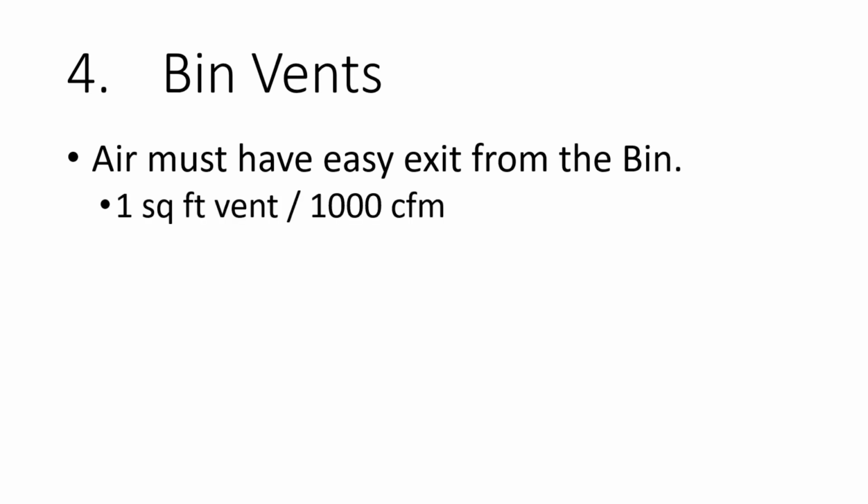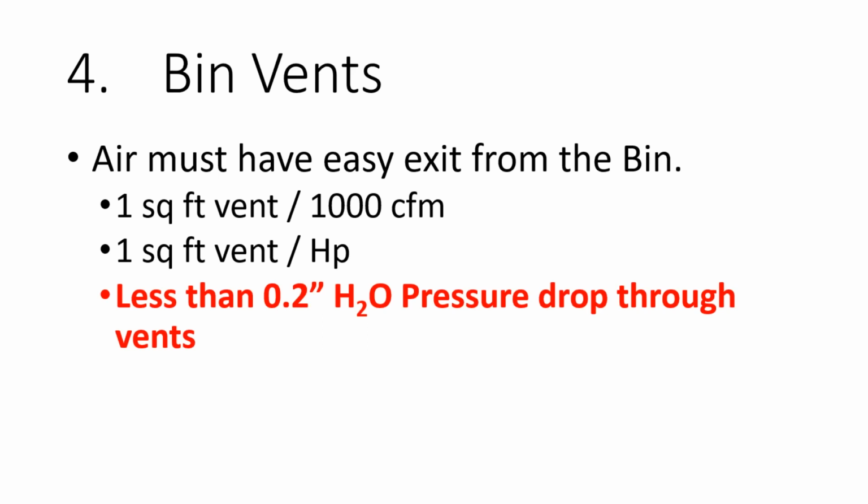There are a couple of real rough rules of thumb: 1 square foot of vent per 1,000 CFM, or 1 square foot of vent per horsepower. I've seen them, and I'm sure they work. My preference is less of a rule of thumb and more of a hard number, and I like to say 0.2 inches of water pressure drop through the vents.